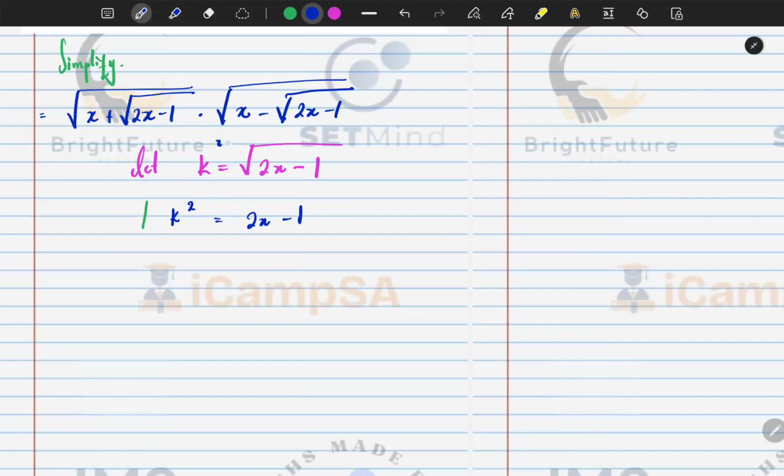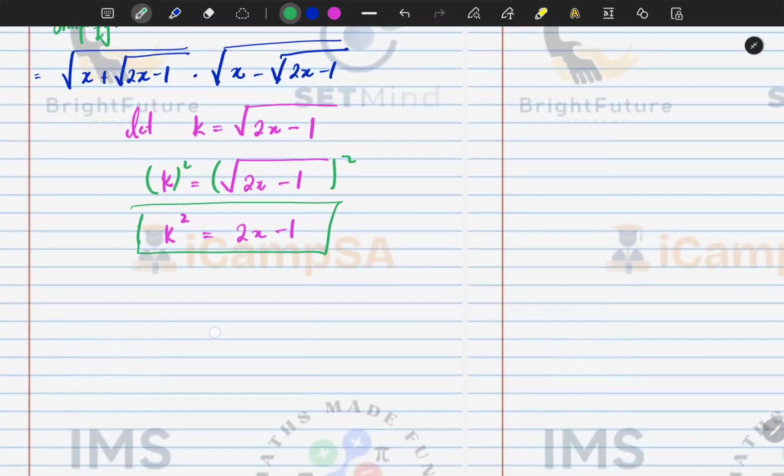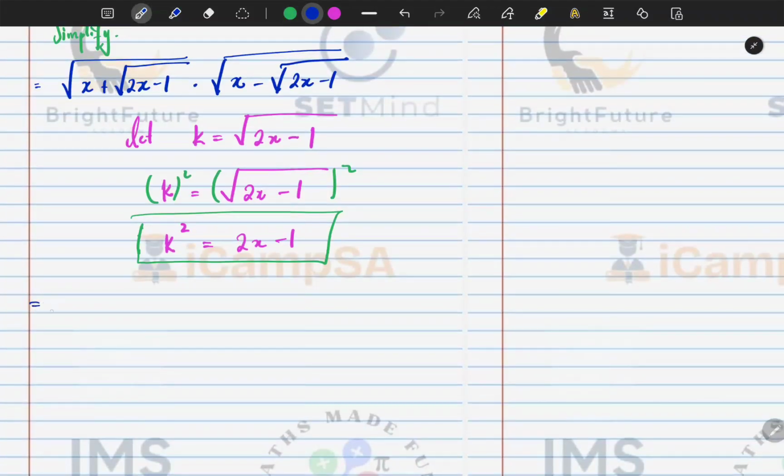And you will have k squared equals 2x minus 1. So you park this here, and then you continue here.